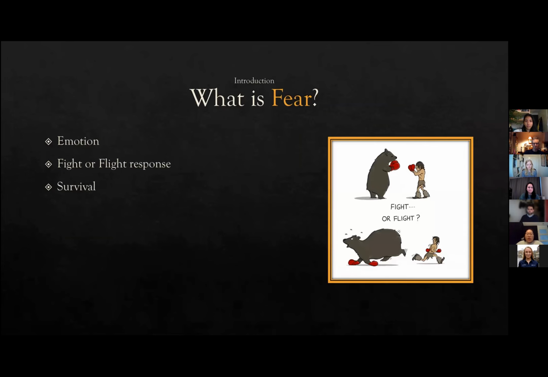So let's start with the basics. What is fear? Most will say it's an emotion that is activated by something dangerous, where people could die because of it.